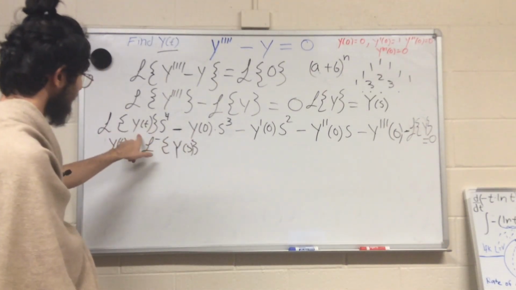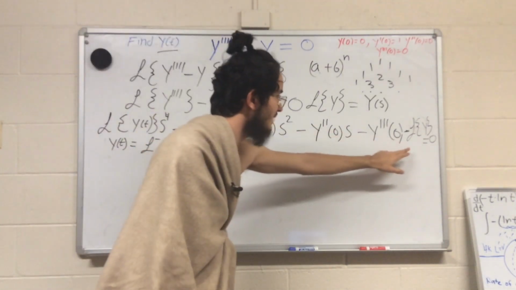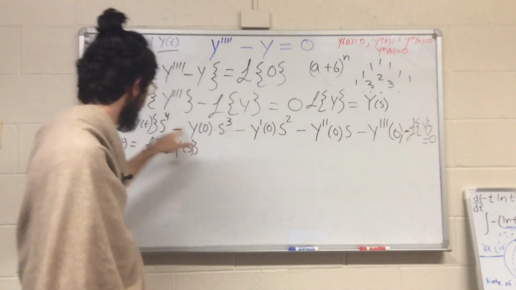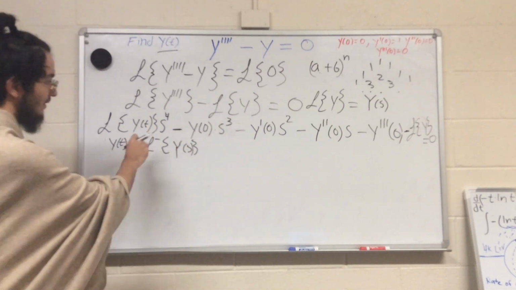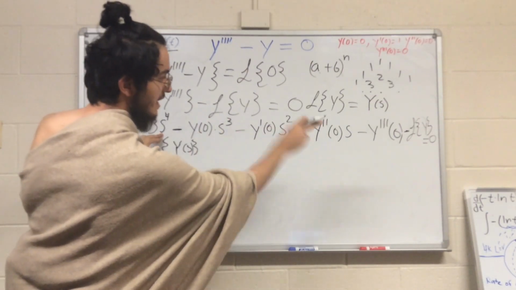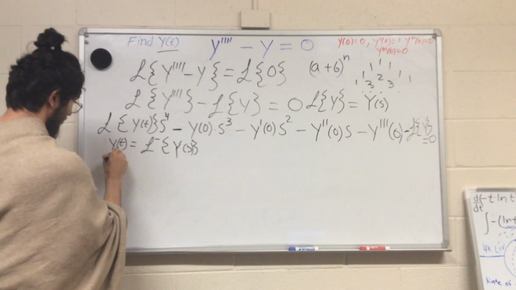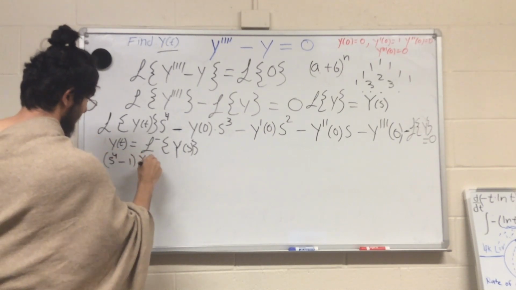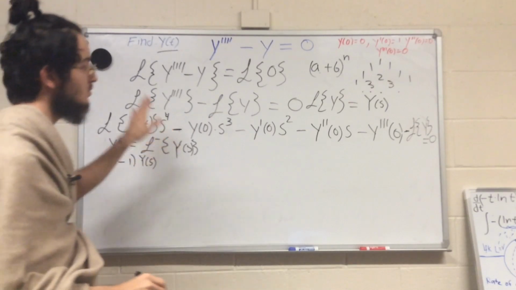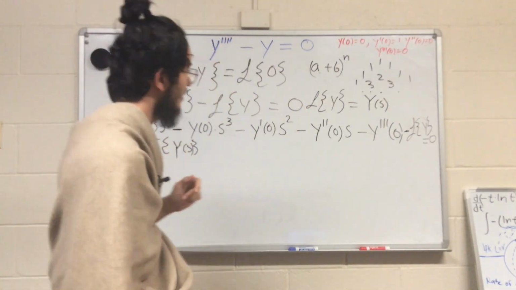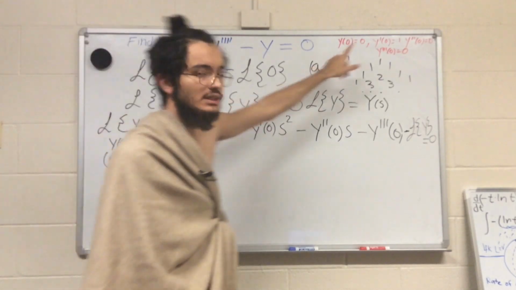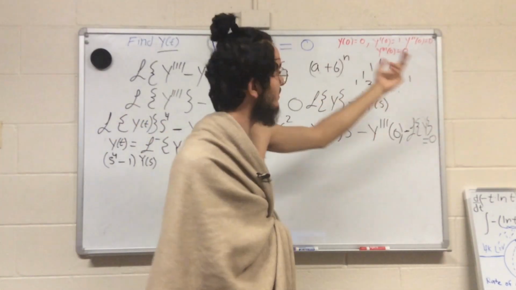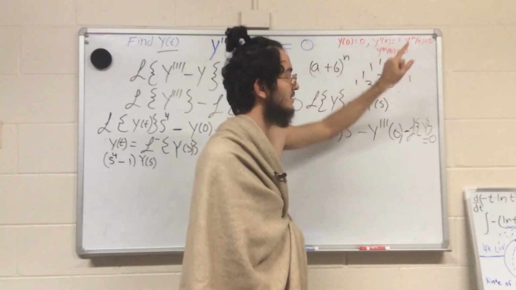And so over here what we gotta do is factor the Laplace transform of y of t. So we factor that, we have s to the fourth minus 1 times capital Y of s. And then we can move everything else to the other side, of course taking advantage of the initial value problem. If you can see, the values for all derivatives except the first derivative are 0.